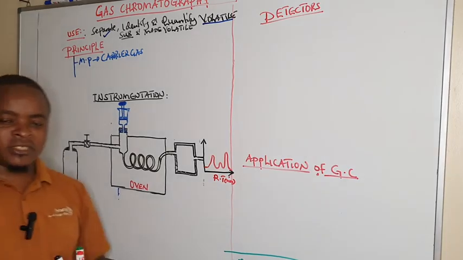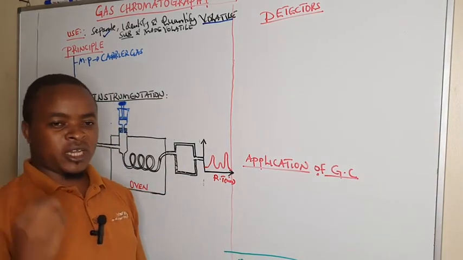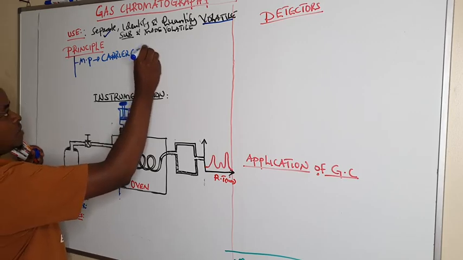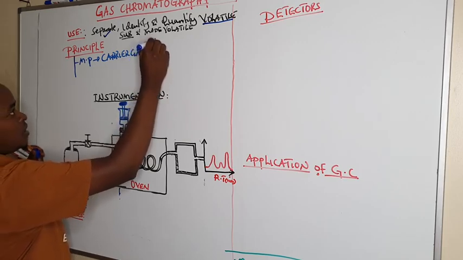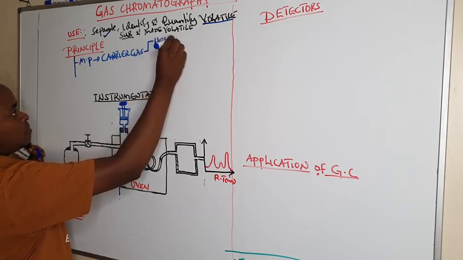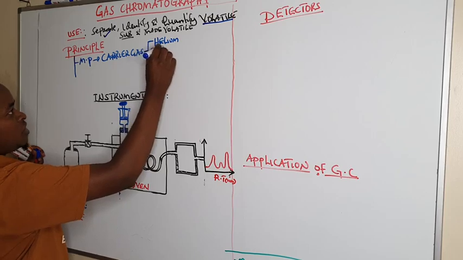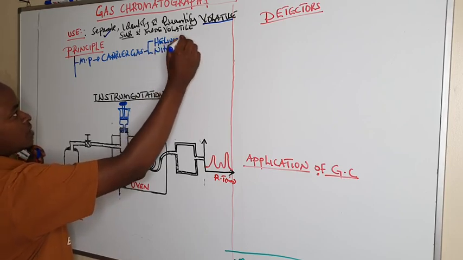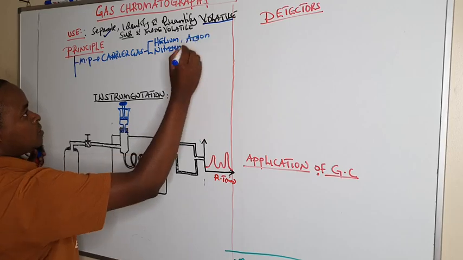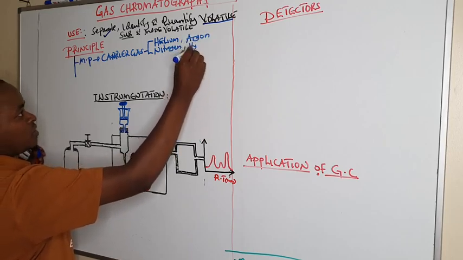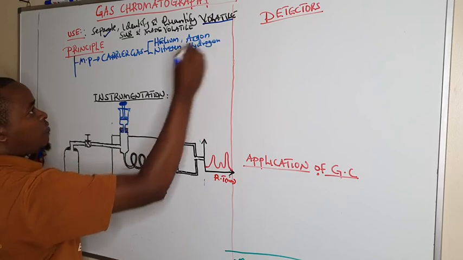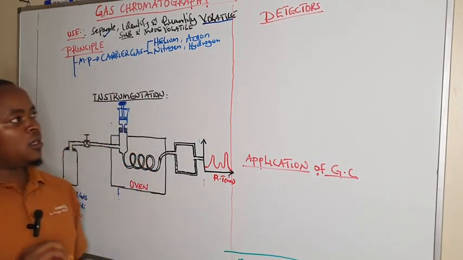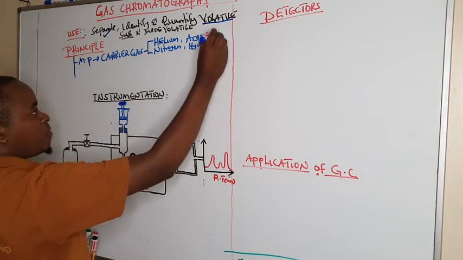Because the mobile phase is a gas, that's why we refer to it as gas chromatography, whereby the carrier gas can be either helium, it can be nitrogen, we can use other gases like argon, and sometimes hydrogen. So these are four gases which we can use as carrier gases or mobile phase in the gas chromatography. And why do we prefer these ones?